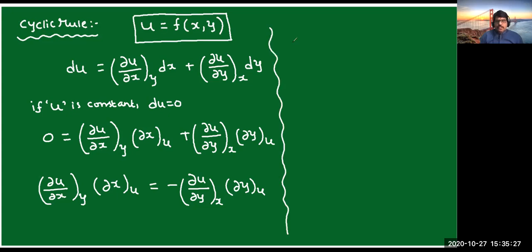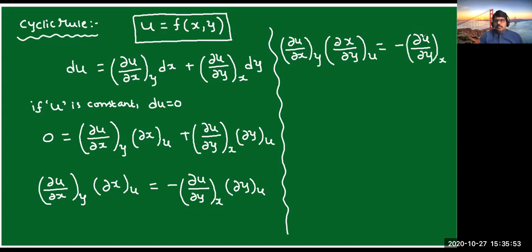That equation becomes del u by del x at a constant y into del x by del y at a constant u is equal to minus del u by del y at a constant x. And let us bring this partial derivative also to the left side.